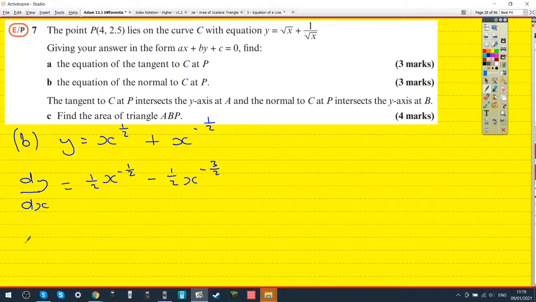Well done. I got 3 over 16. 3 over 16, okay.